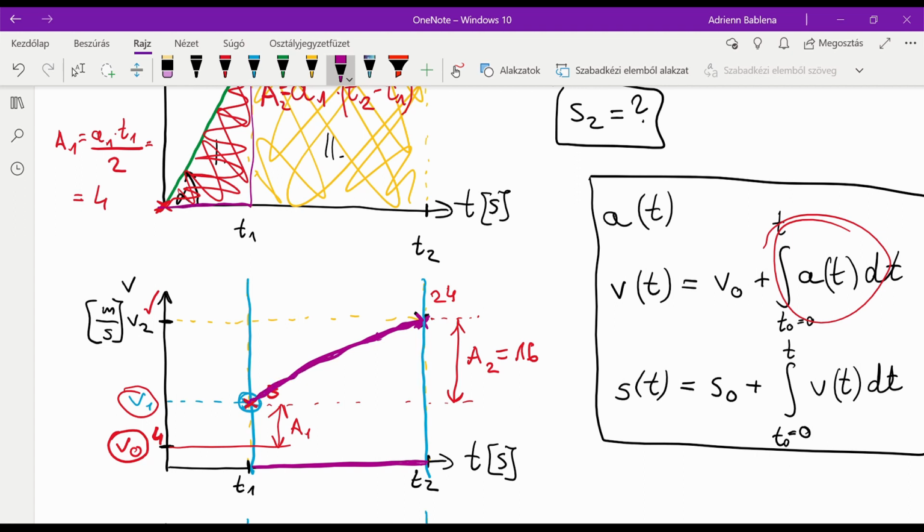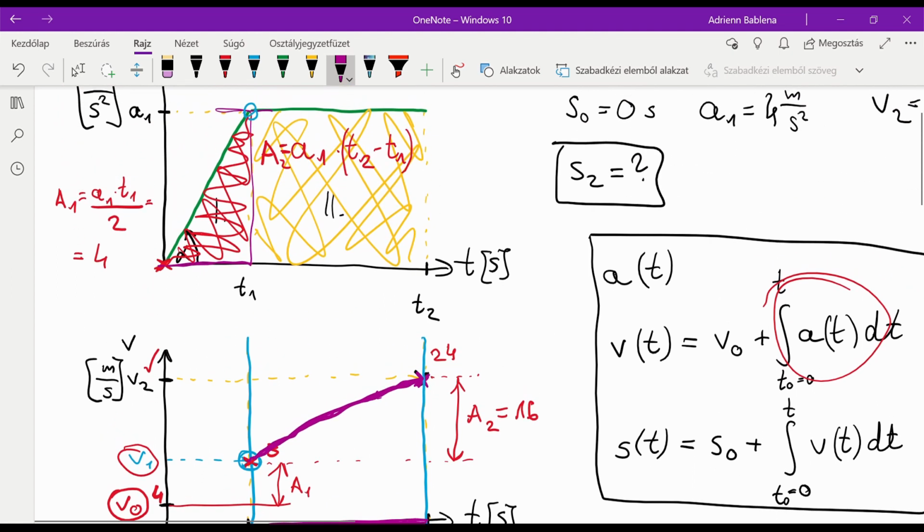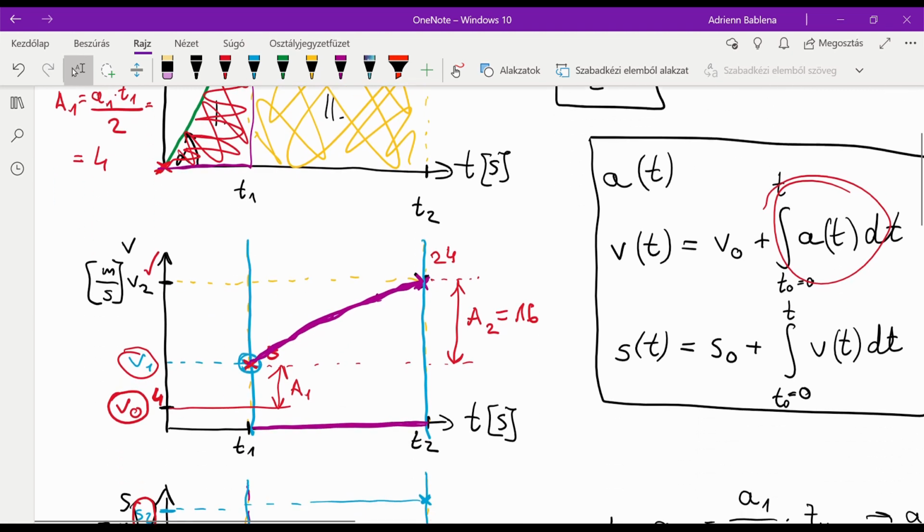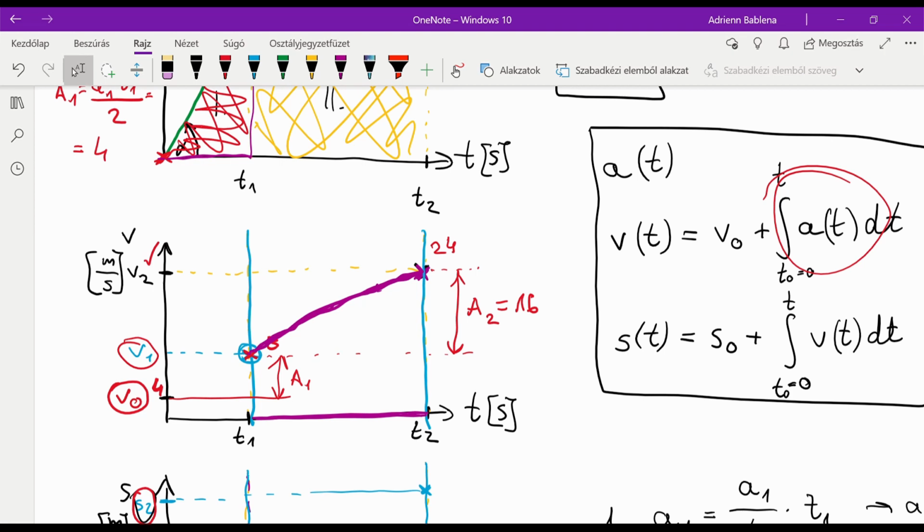It's a straight line, first order function. And this is the shape of the function. We determine V1 and V2. We know V2, we determined V1. First section, we can see a linear function. The integral of the linear function is a second order, quadratic function. So we have to draw a parabola.